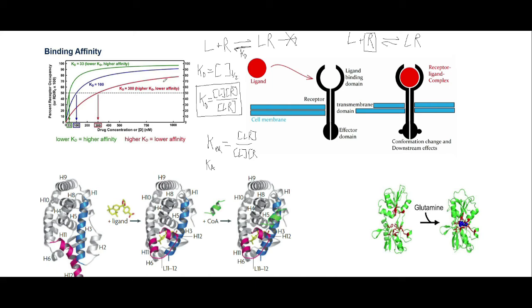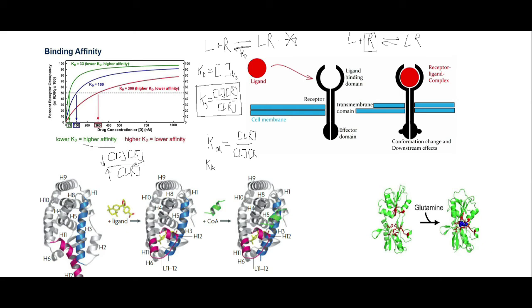And so just like with Km, if we have a lower Kd, we have a higher affinity, which makes sense because if we're looking at L R over ligand bound to receptor, a lower Kd will be if this goes down or if this goes up.